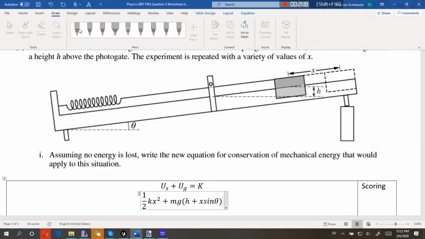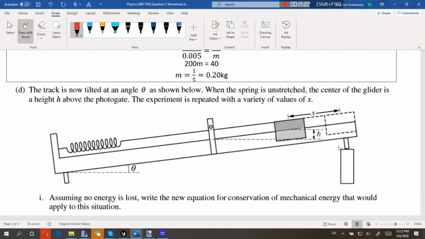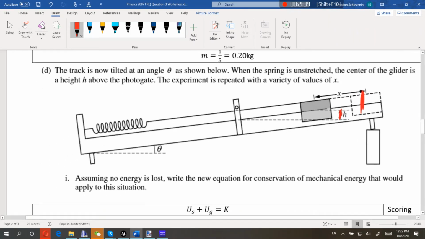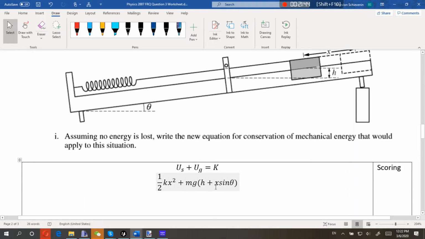So if I can draw on this really quick, we've got this h plus this x sine theta. Right, h plus x sine theta. So we're just getting to the maximum height.